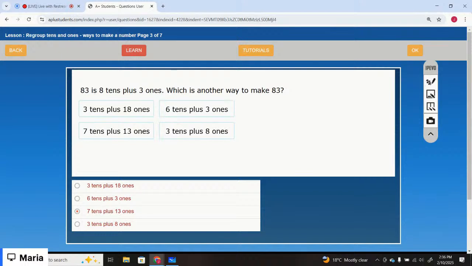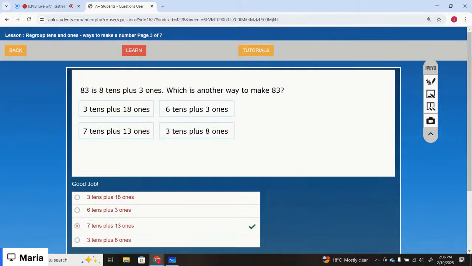The correct option is 7 tens and 13 ones. Option 3 is the correct option.